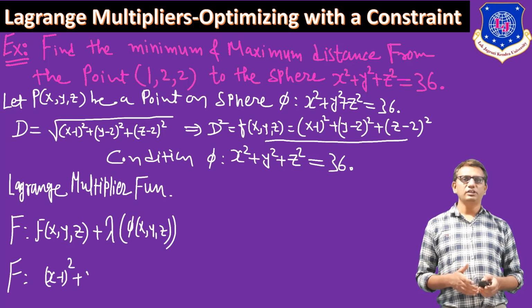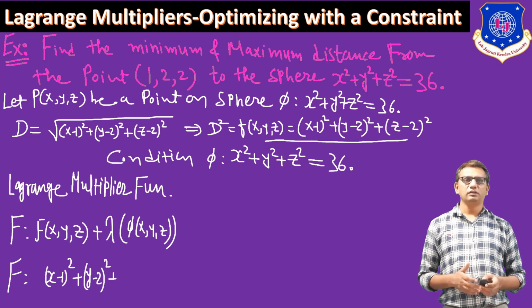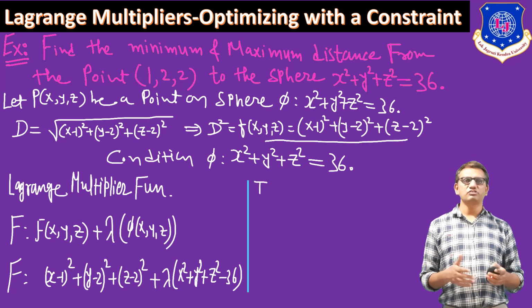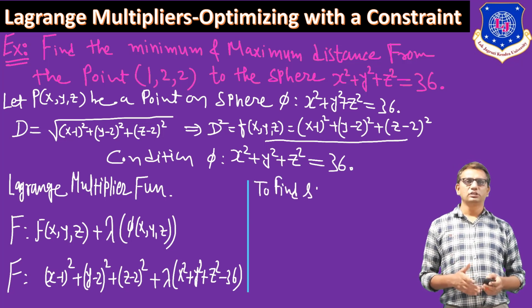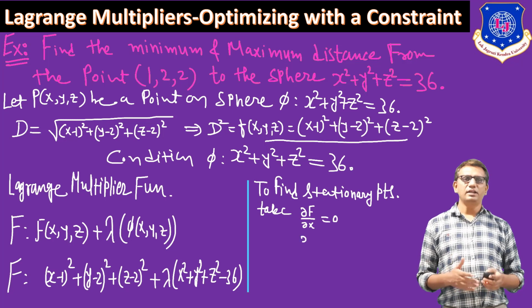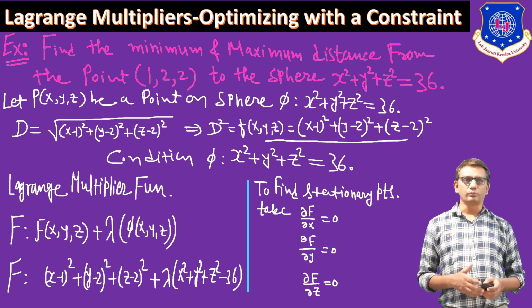So finally we have (x minus 1) square plus (y minus 2) whole square plus (z minus 2) whole square plus lambda into (x square plus y square plus z square minus 36). That is our condition. Now to find stationary points, we take the first order partial derivatives of capital F. That means del F by del x equal to 0, del F by del y equal to 0, and del F by del z equal to 0.